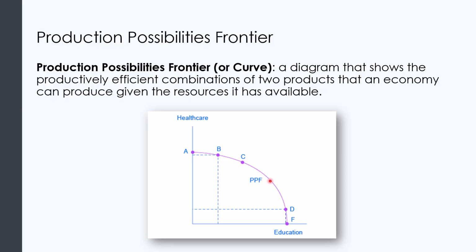And if I wanted to go from point C to point D, wow, look at the amount of healthcare that I'd have to give up to get to that extra level, right? And we could do the same if we went backwards, right?